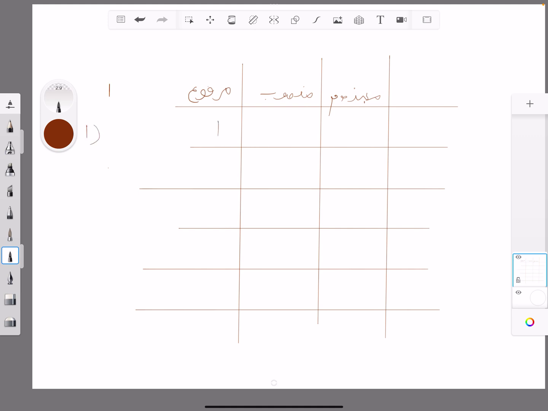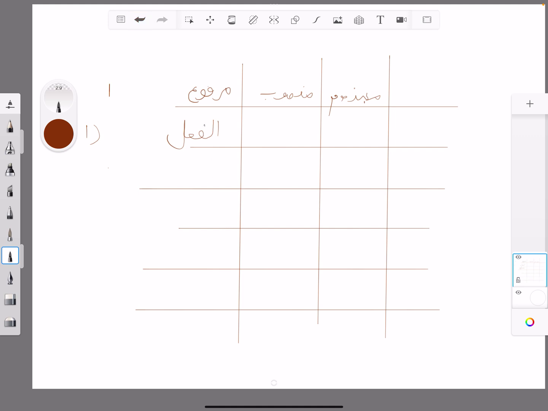So fi'l al-mudari. Do we have a state for fi'l al-mudari, guys? You're all looking in the book. What about fi'l al-madi? It's mabni.